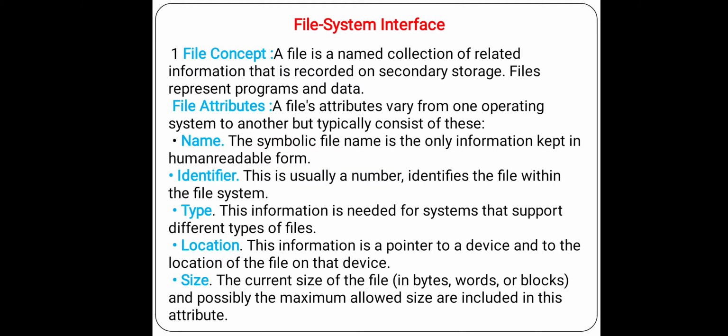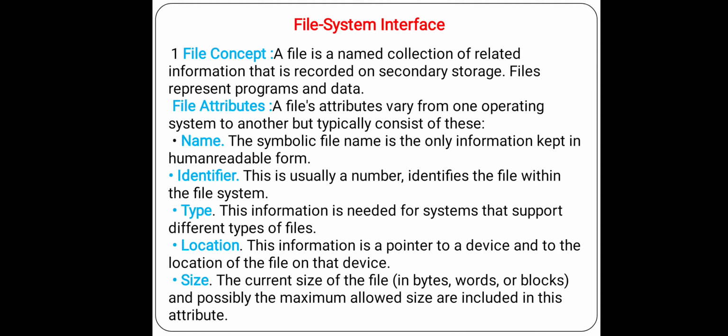This information is a pointer to a device and to the location of the file on the device. It always points to where that particular file is stored in the device, right? Location of the device. Next, size.